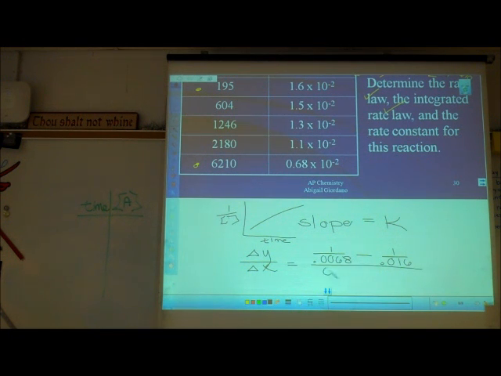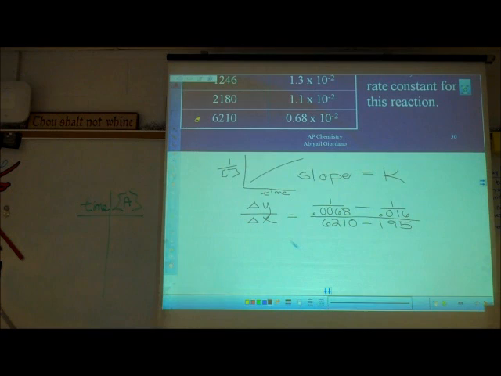Change in time. Put that in your calculator, you're going to end up getting a number something like this for the slope. The slope is k.